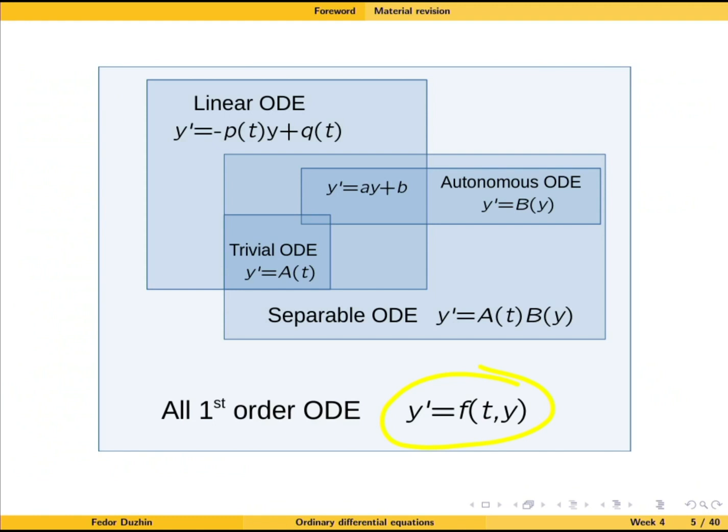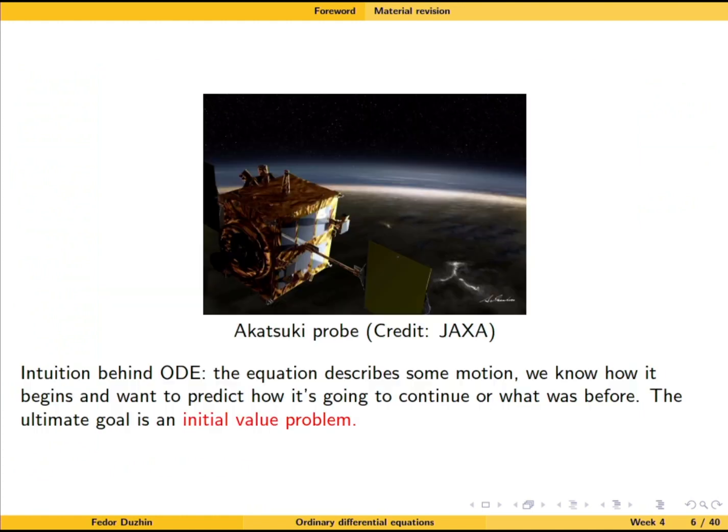Then if this right-hand side satisfies certain properties or is of some particular form, we may have either a separable or a linear differential equation. Both can be solved explicitly, but these classes overlap, so there exist differential equations that are at the same time linear and separable.